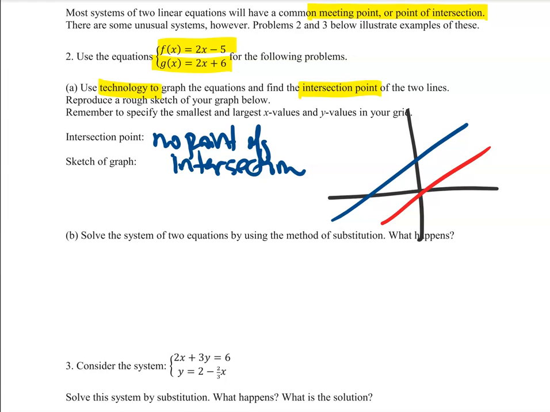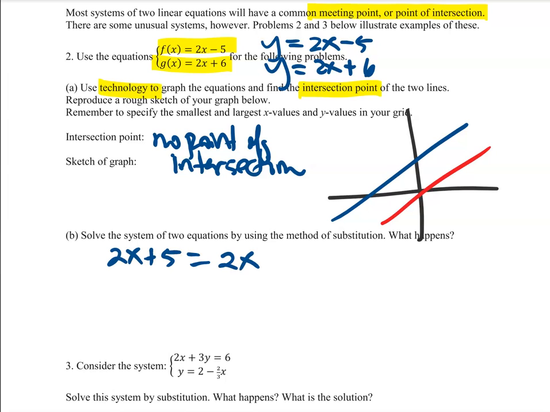So again, here, the first one, f of x, if you want, you can rewrite this as y equals 2x minus 5, and the other one is 2x plus 6. They are both equal to y. You can set them equal to each other. So 2x minus 5 equals 2x plus 6. Sorry, yes, that should be minus. And if we subtract 2x from both sides, 2x minus 2x is 0.